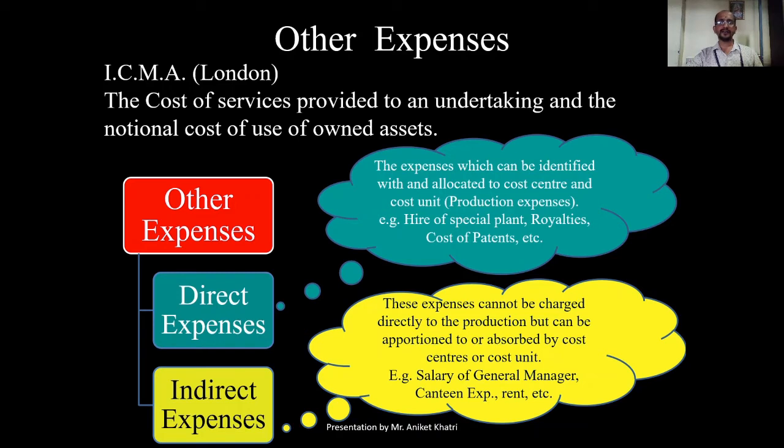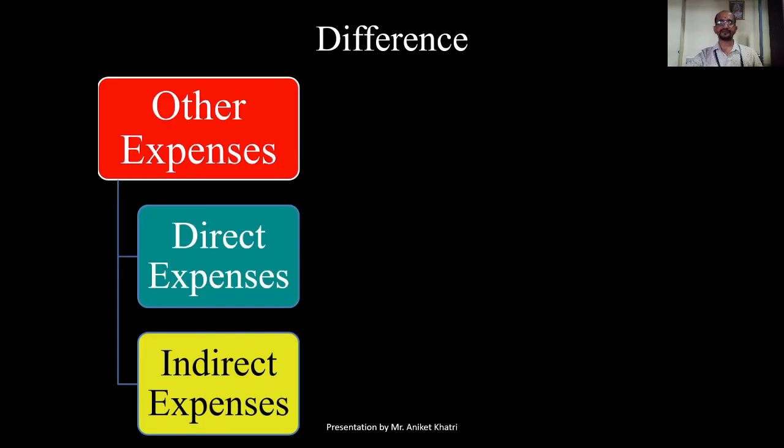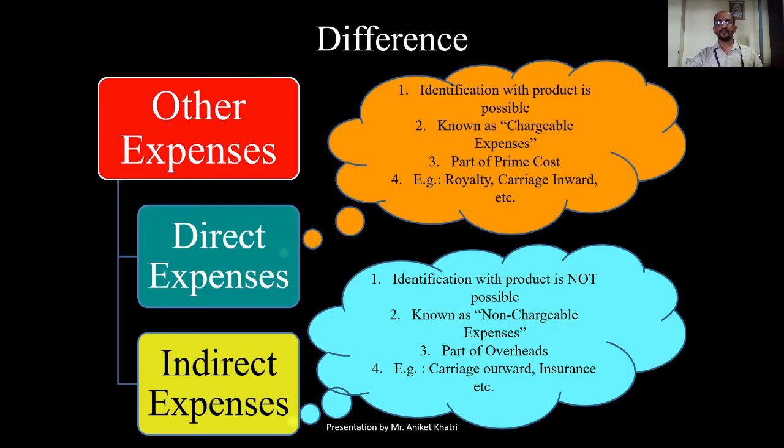Let us see the difference between direct expenditure and indirect expenditure. First is identification with the product. Yes, it is possible to identify the direct expenditure with the product, but it is difficult to identify indirect expenditure with the product.